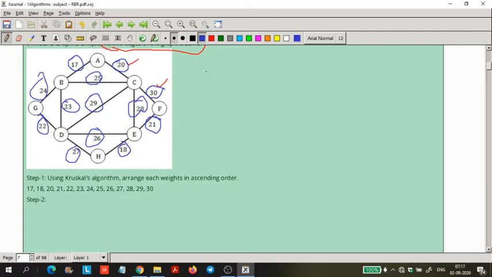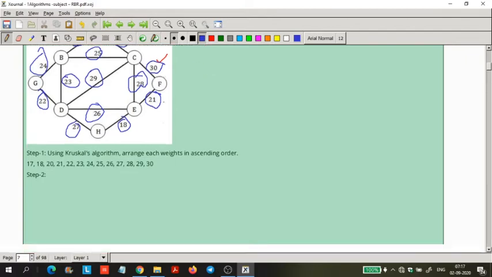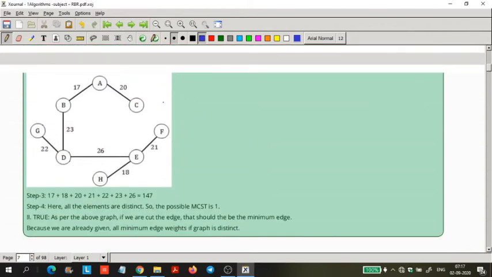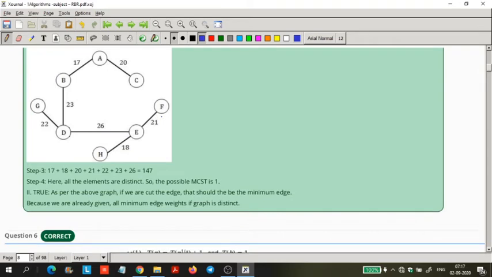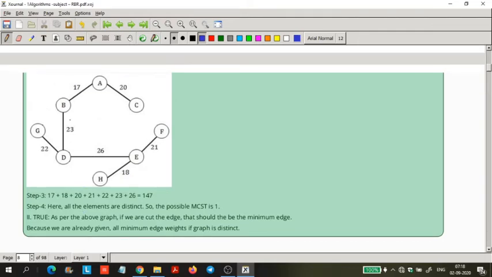As per Kruskal's algorithm, arrange the weights in ascending order. Then, step 3, we take 17 plus 18 plus 20, 21, 22, 23 and 26.